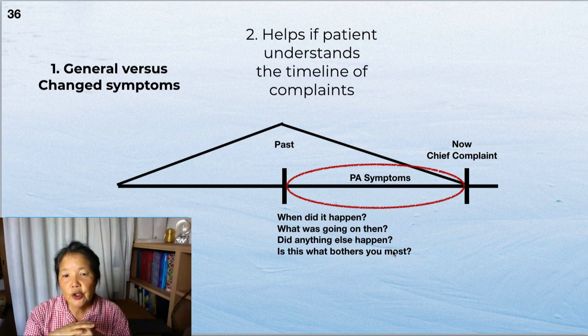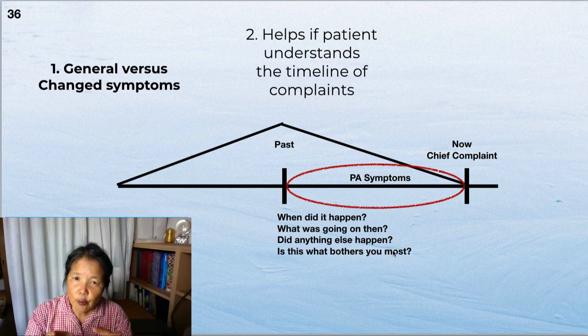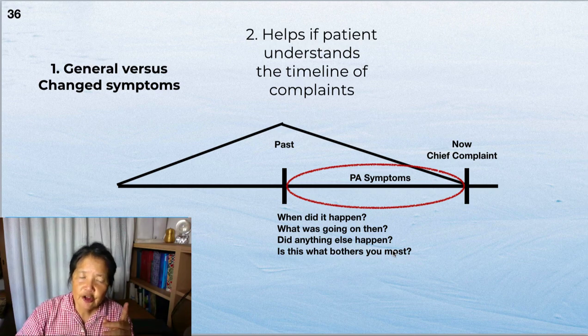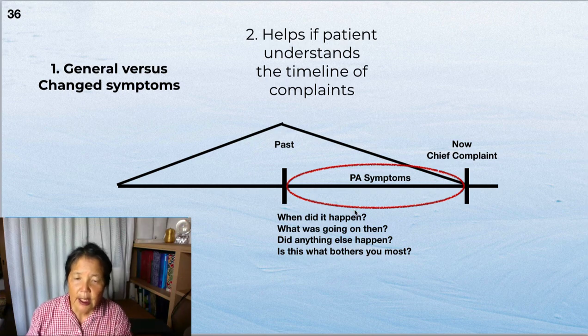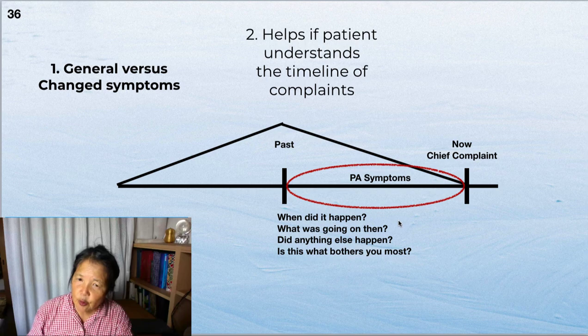And you want to know at that point when there was a change in your symptoms, a change from the general state. What happened? And you're constantly asking him, are you like that normally, or did that happen when something else happened? Is this what bothers you the most? Does it bother you a lot?